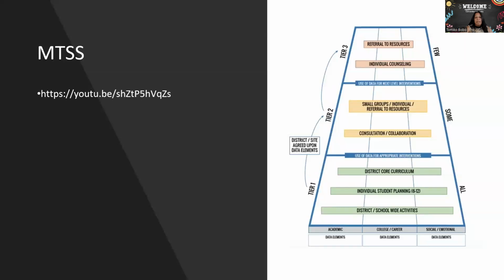For the MTSS, here's your tier 2. So again, we put students according to tiers, but the behaviors are what we are addressing. We are not addressing that a student falls into these tiers.